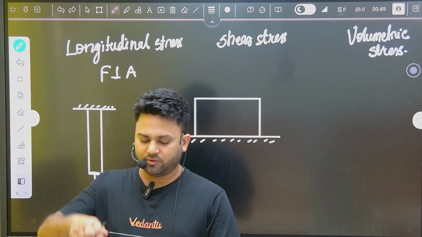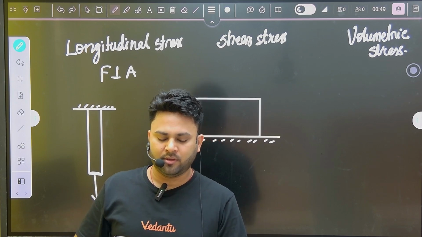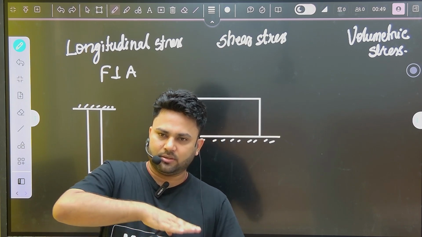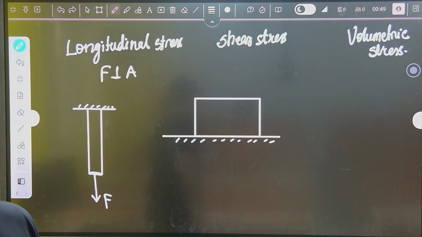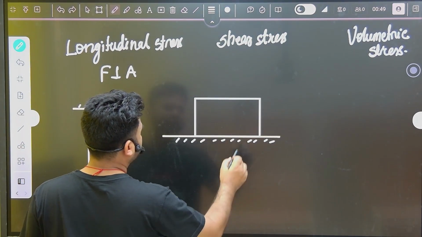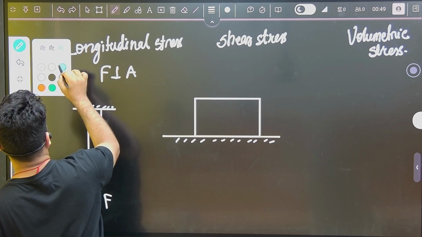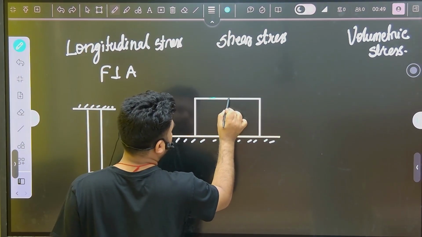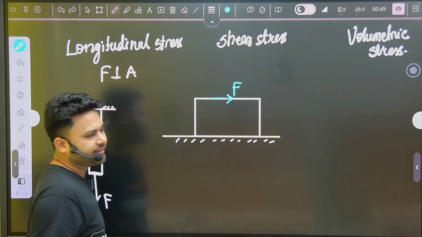Longitudinal stress means you are applying force perpendicular to the area. When you are applying force like this, parallel to the area, this is called shear stress. So when you are applying force in this direction, this will be shear stress.